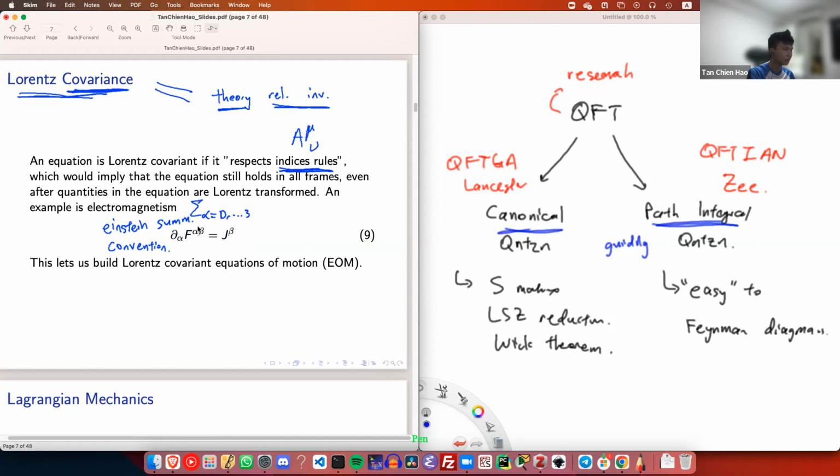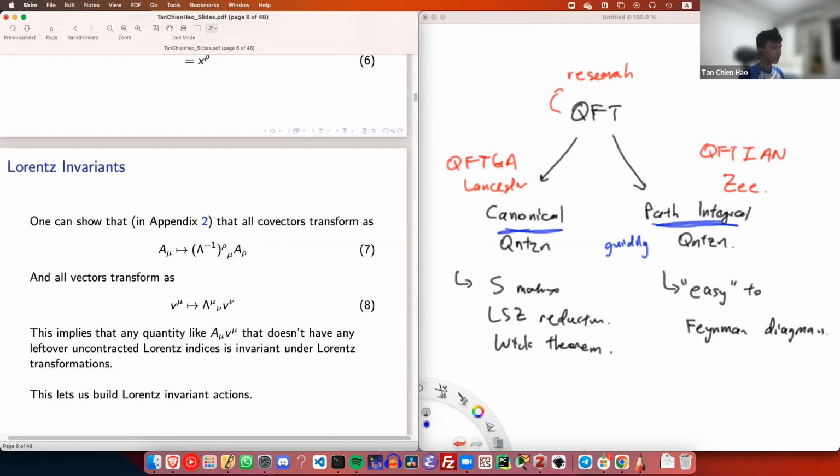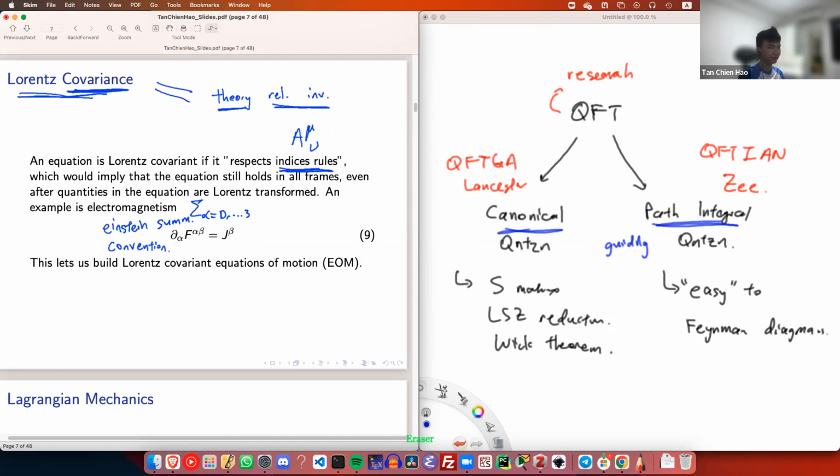You see over here that beta is a free index, and both are upper indices. Whenever you have a contraction, it must be between a lower one and an upper one. If you satisfy these index rules, then from the above discussion, it naturally means that your theory is Lorentz covariant.